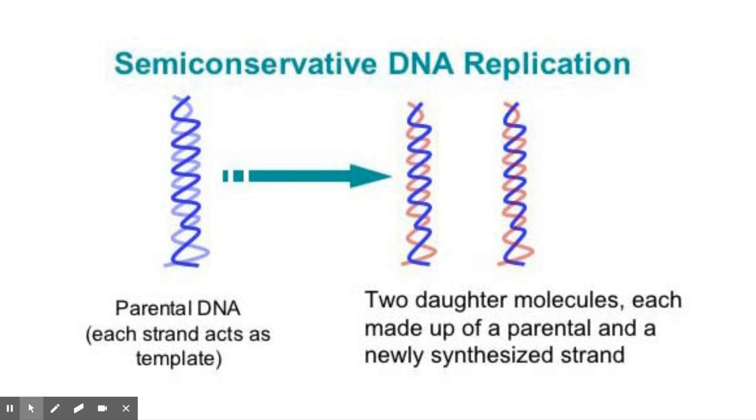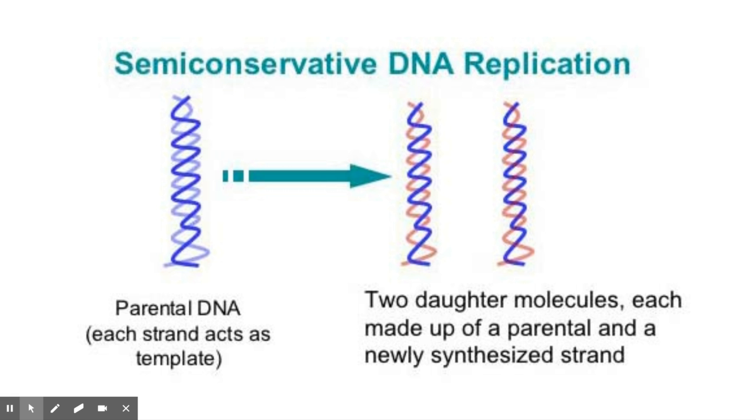Something that may be familiar to you by now is that at some point, the scientists did not know what the model of DNA replication looked like. So they weren't sure if the original two strands replicated, then broke apart so that it was all blue and all pink, meaning that they didn't mix old strands with new strands.